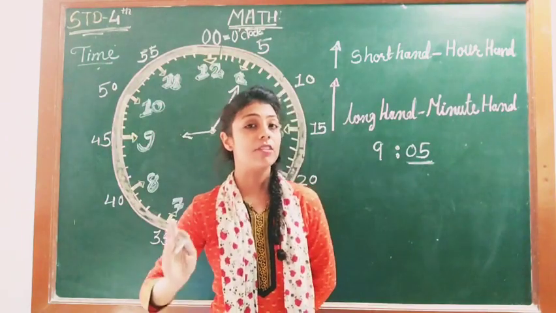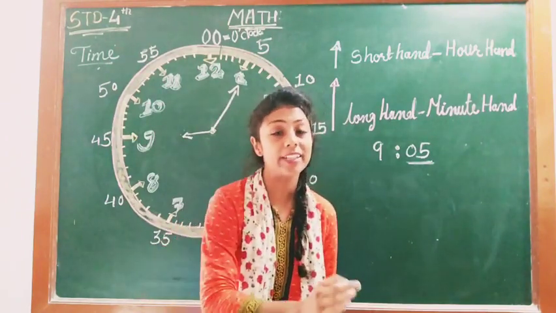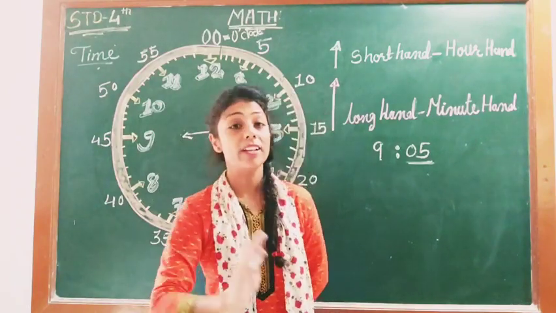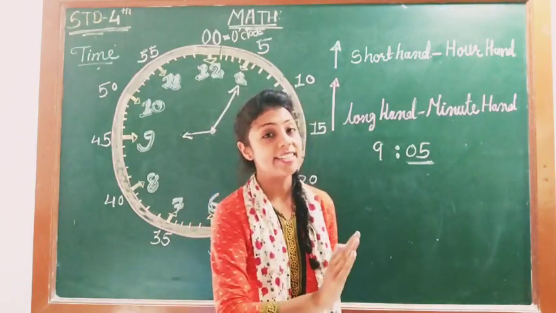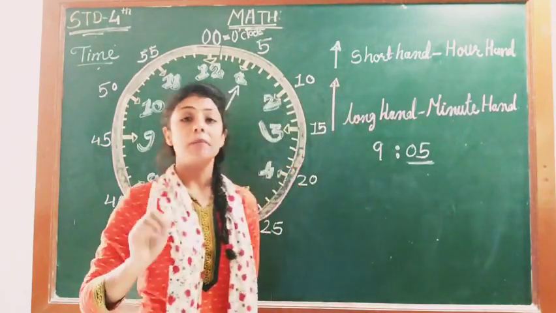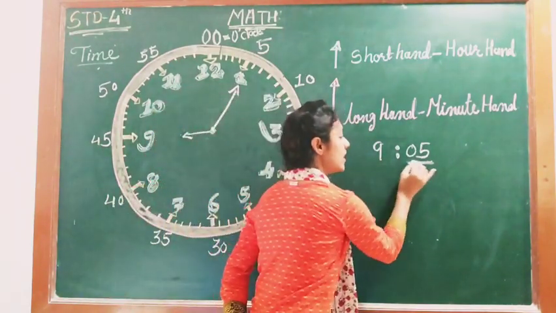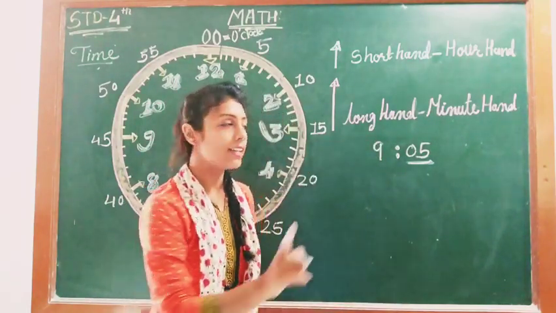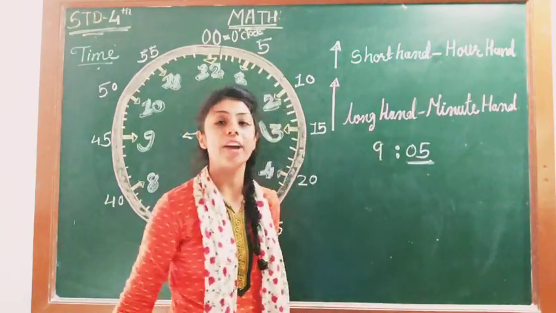So whenever we convert kilogram to gram, the last 3 digits we keep in gram. Kilometer and meter, the last 3 digits we keep in meter. Same in time, minutes are always 2 digits. So if it is only 5, we will write it as 0, 5.